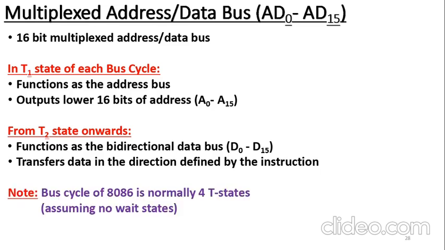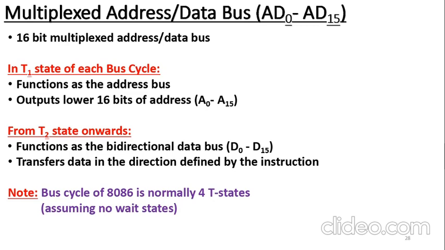Now, as I have already stated, the bus cycle of the 8086 processor is normally 4 T states, T1, T2, T3 and T4, under the assumption that no wait states are inserted in that bus cycle.